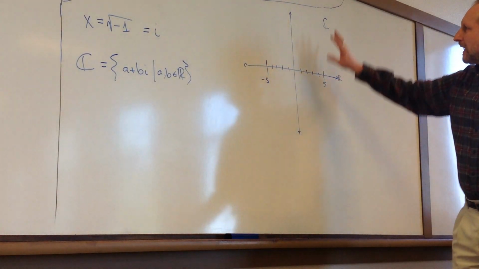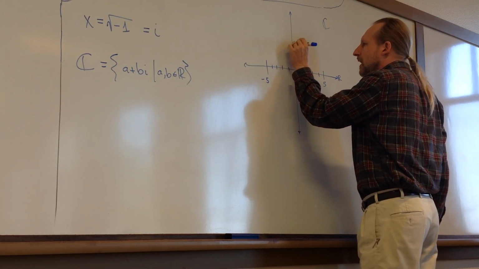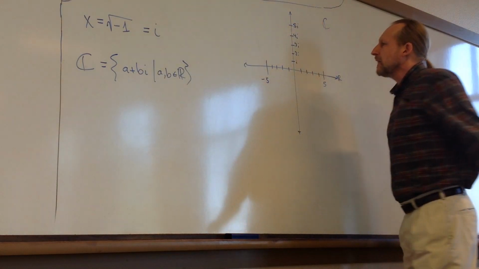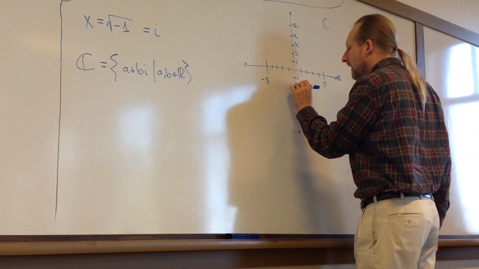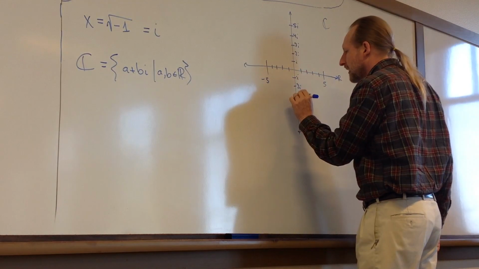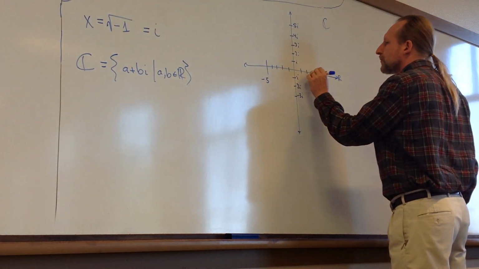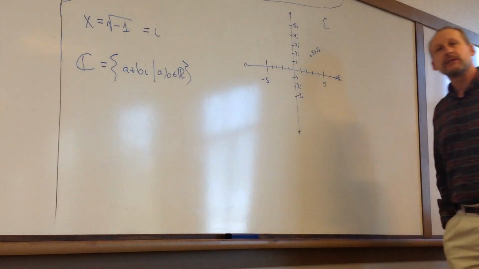The vertical axis of a complex number is multiples of i. Okay? And so like I was saying, all the complex numbers are generally expressed as a plus bi. So something like 3 plus 2i would be right there.